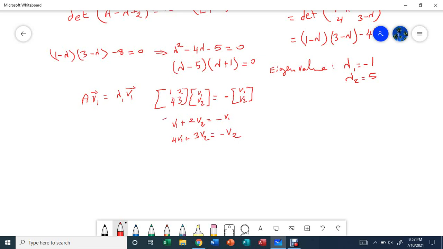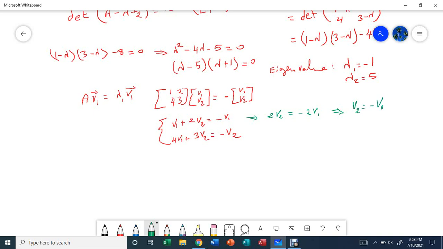So I have a system of 2 equations with 2 variables. Let's use the first equation and solve for v1 or v2 in terms of the other. If I subtract v1 from both sides, I get 2v2 equals -2v1, and that leaves me with v2 equals -v1.